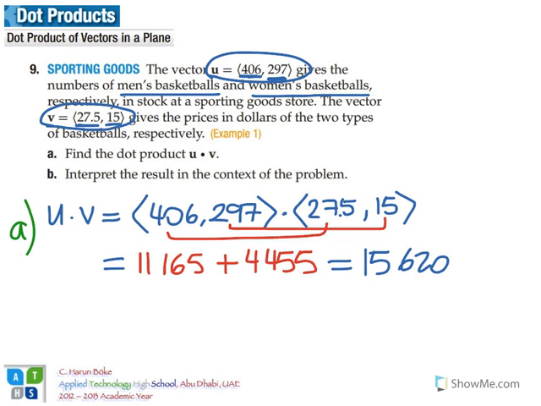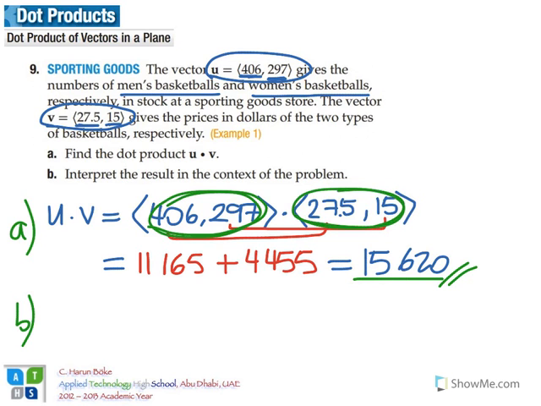We find the dot product. Now in part B, we will discuss what we have found. What is this number? We multiply the number of basketballs with the prices in dollars. So when I multiply a number of something with its price, I find the total price. So this actually is the total price for men's basketballs.